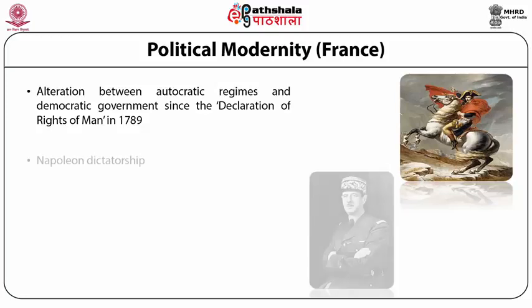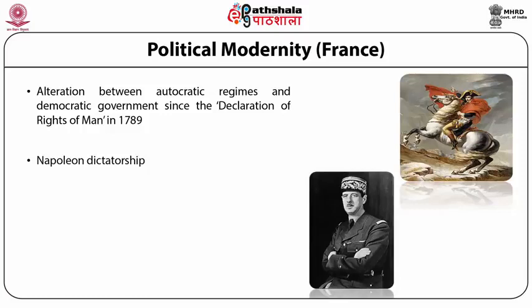To begin with, Napoleon's dictatorship established an autocratic or authoritarian regime in France. But after the collapse of the Napoleon regime, the Third and the Fourth Republics were established, and these two republics were a very important step towards democratizing the political system in France.